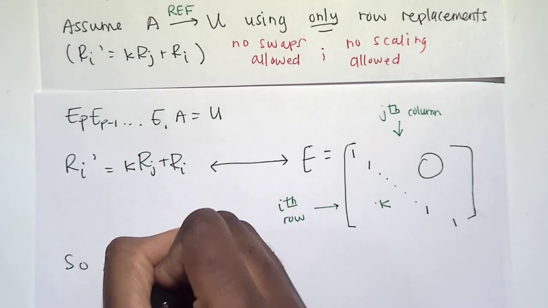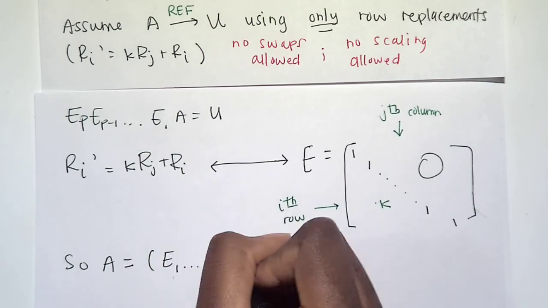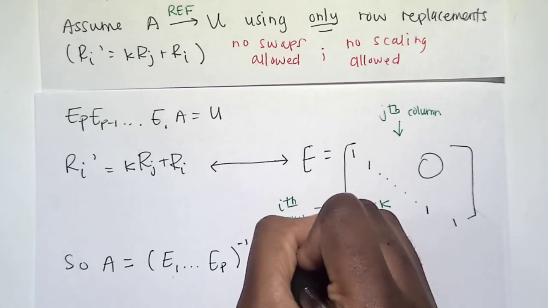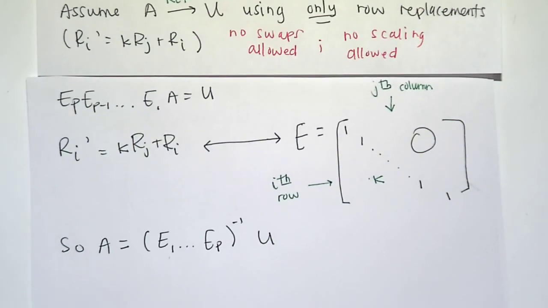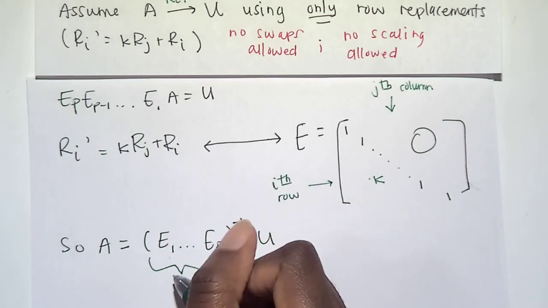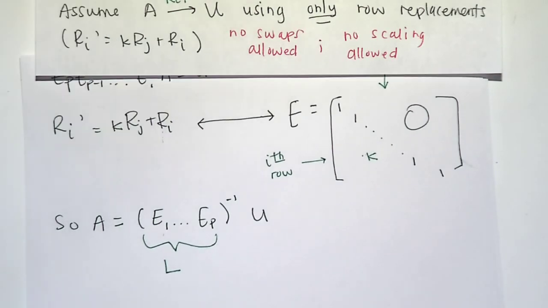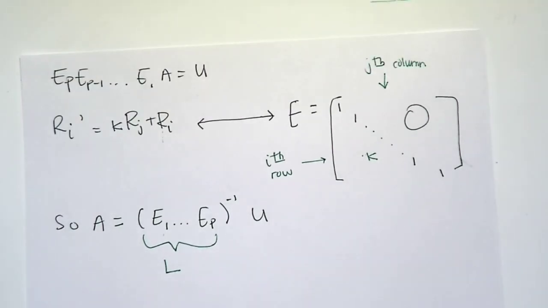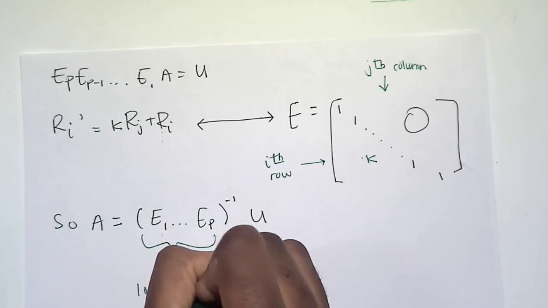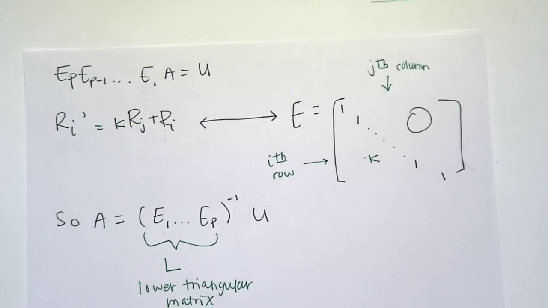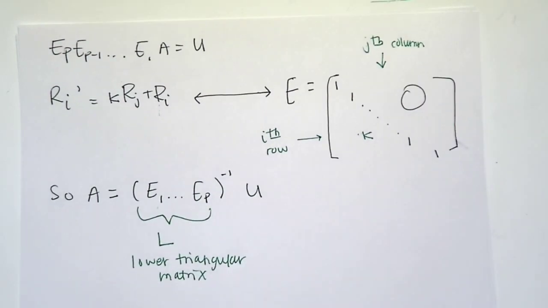That means that A is going to be E1 to EP inverse times U. And this is L, our lower triangular matrix. All right, so in the next video we'll do an example of finding the LU factorization.